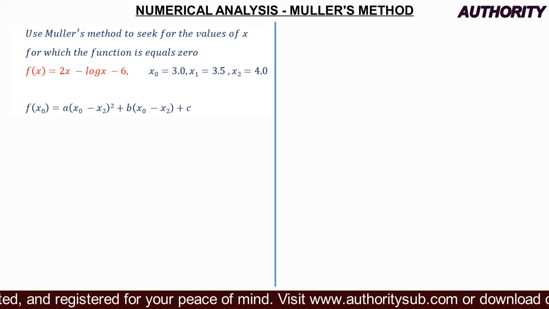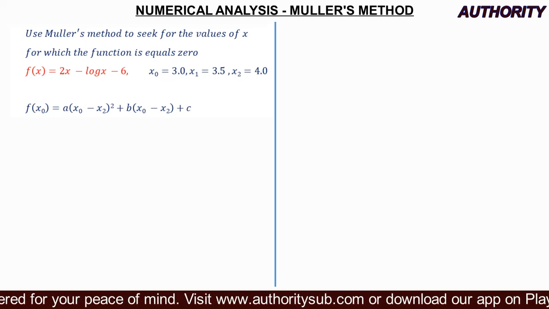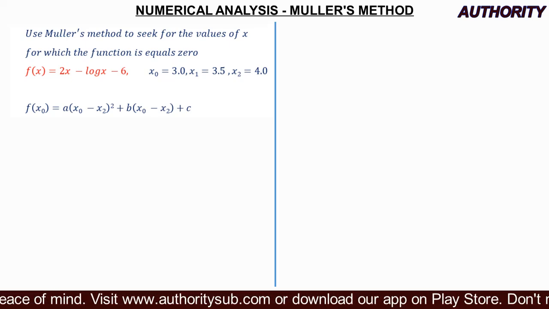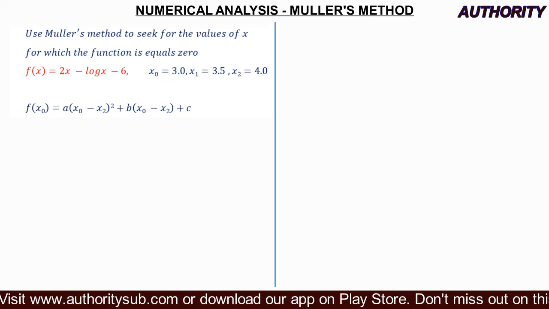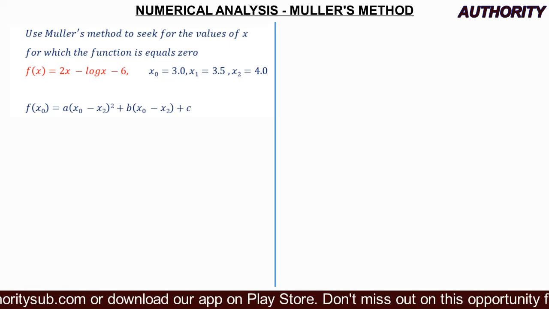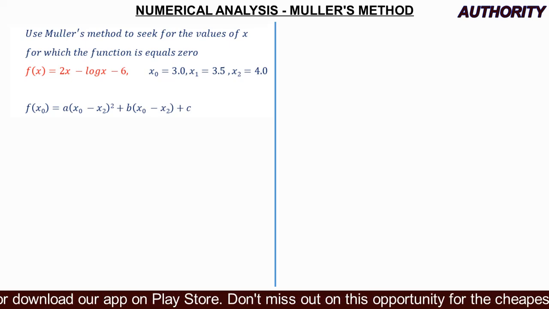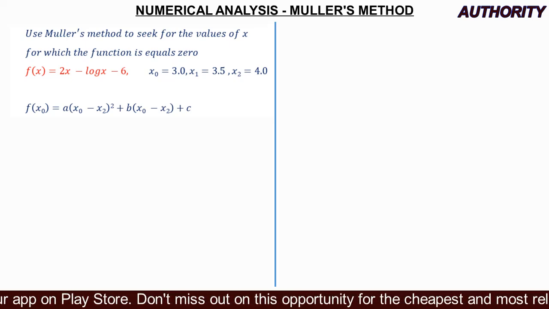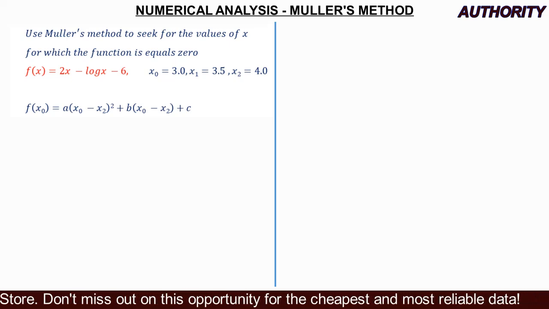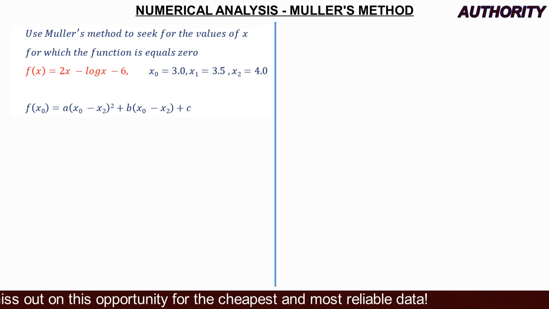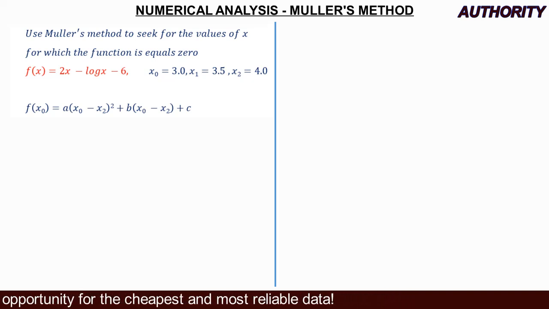So the rest you can just do by yourself once you are able to figure out these two formulas. So here we have f of x0 is equal to a open bracket x0 minus x2 in bracket squared plus b open bracket x0 minus x2 plus c.